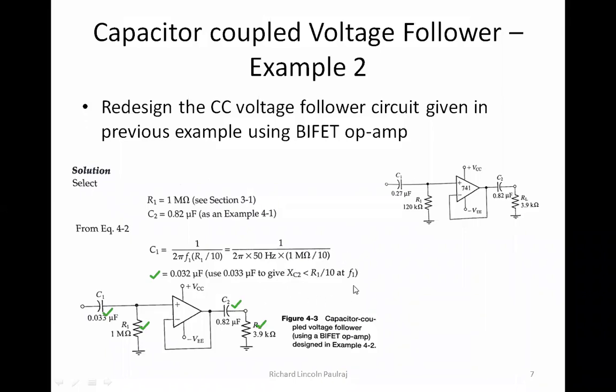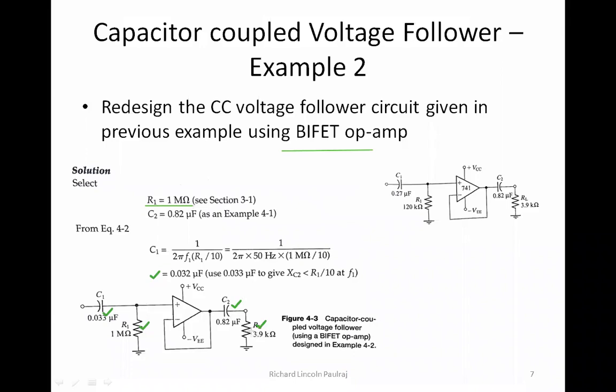The thing that you have to now concentrate on is whether it is a 741 or a BiFET. If it's a BiFET, then you're going to change the value here for R1. If in case I give you this problem, I'll be giving you some values, probably C2 and RL, and I will tell you to calculate the remaining part.